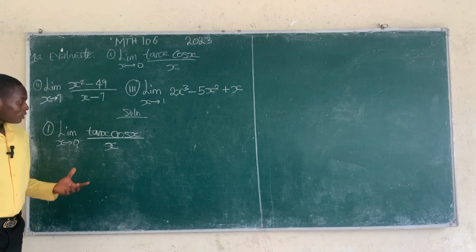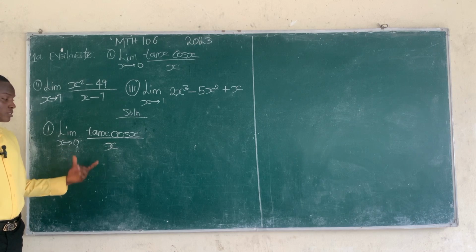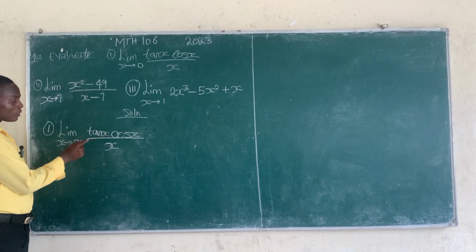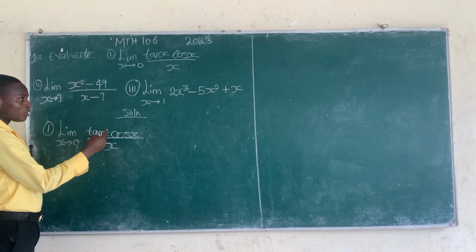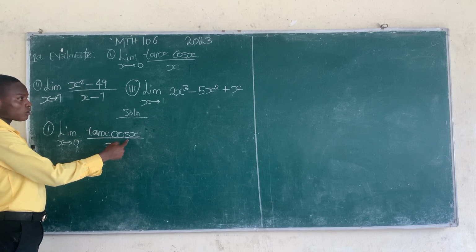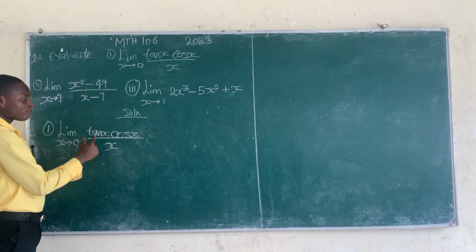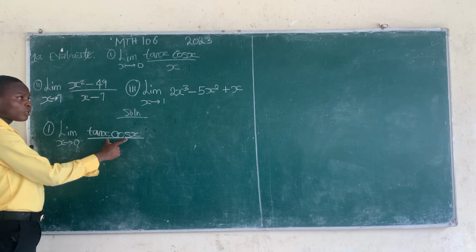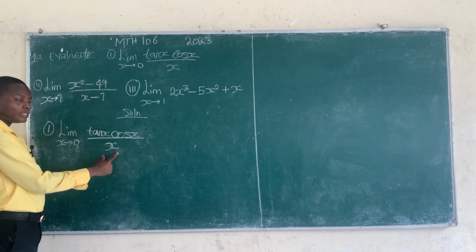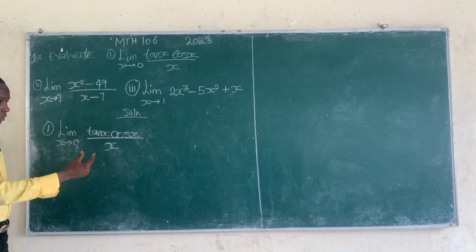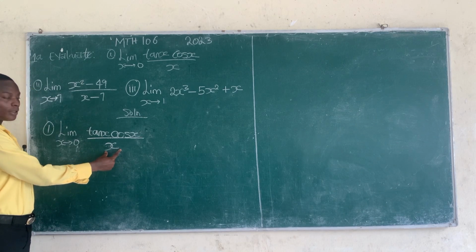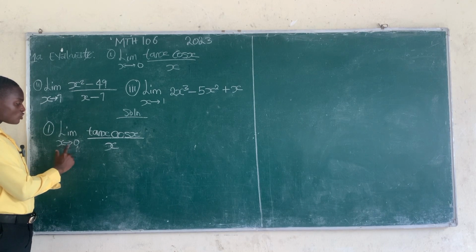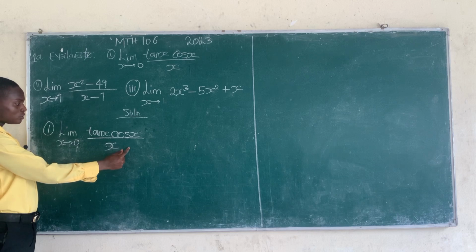If you look at this limit, you will observe that if we substitute 0 directly here, we are going to have tan 0 cos 0 over 0, and anything divided by 0 is undefined. So we don't want an indeterminate form here. We are not going to be substituting x equal to 0 directly into the limit.